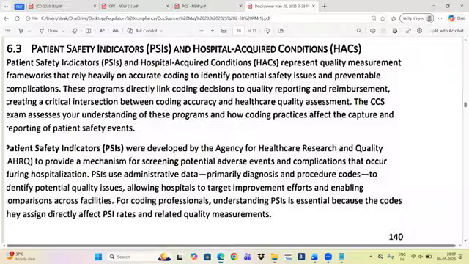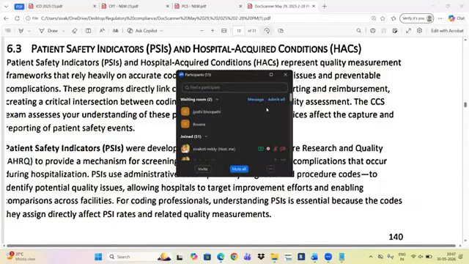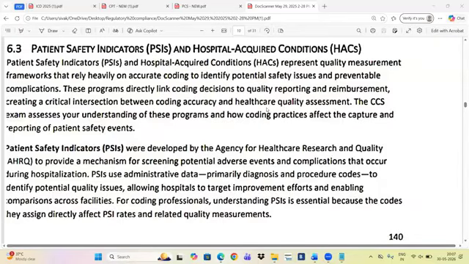Next, what is the PSI? Patient safety indicators were developed by the Agency for Healthcare Research and Quality, AHRQ, to provide a mechanism for screening potential adverse events and complications that occur during hospitalization.